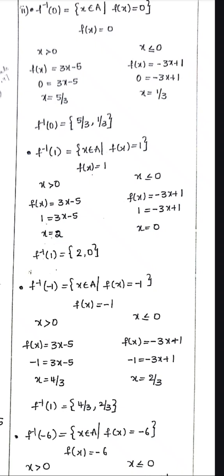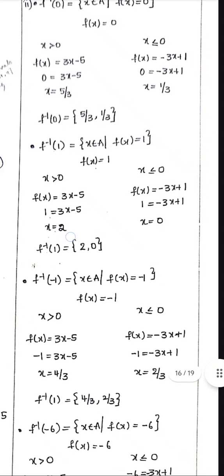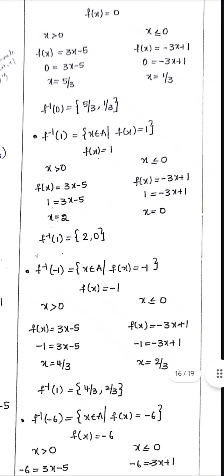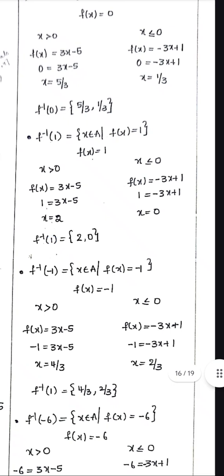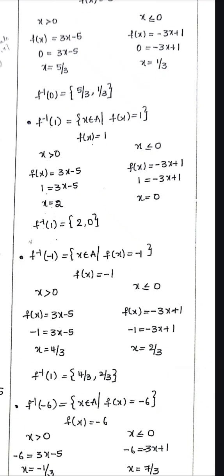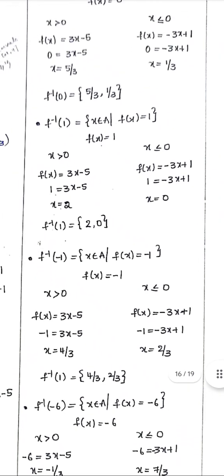For x less than or equal to 0, f of x equals minus 3x plus 1. 0 equals minus 3x plus 1, x equals 1 by 3. So we have to take this together as f inverse of 0.